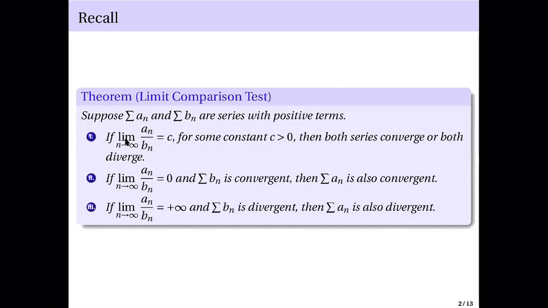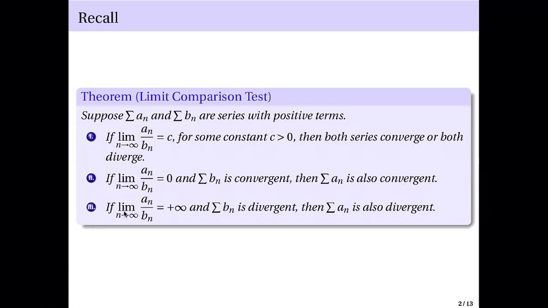Okay? So again, the limit of AN over BN as n approaches infinity equals a positive constant, then both series converge or both diverge. Now, if the limit of AN over BN is equal to 0 and the series BN is convergent, okay, then the series AN is also convergent.